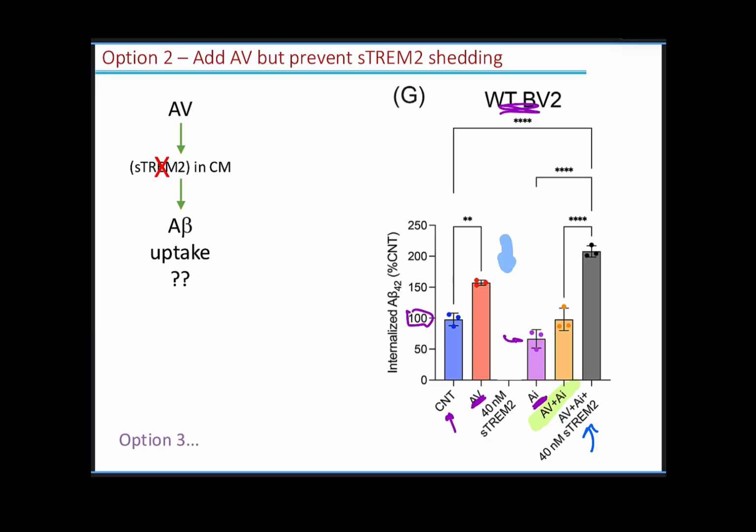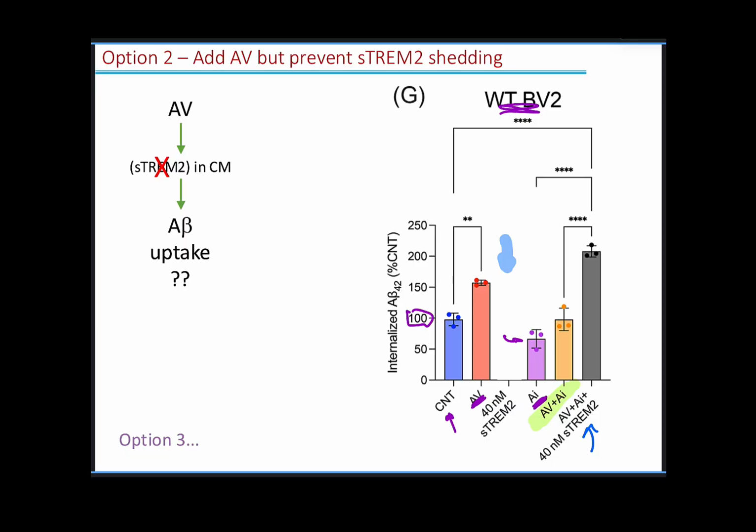Very bluntly put, that's a way of saying these cells are alive, they're still functioning, they can still internalize A beta, even though you flooded them with drugs, inhibitors of ACAT and ADAMs and whatnot. So these cells are being bombarded, but yet if you add some soluble TREM2, they will pick up A beta.